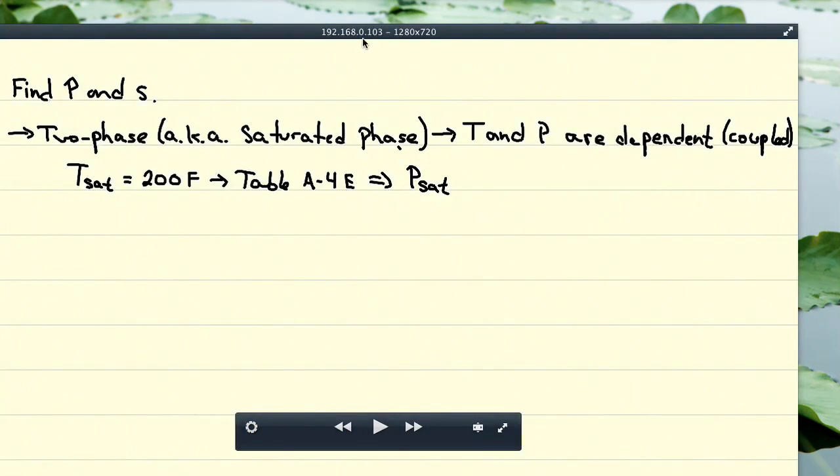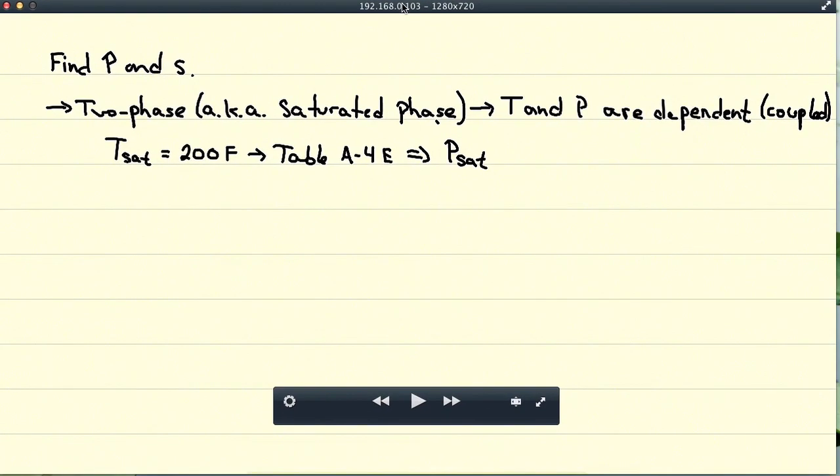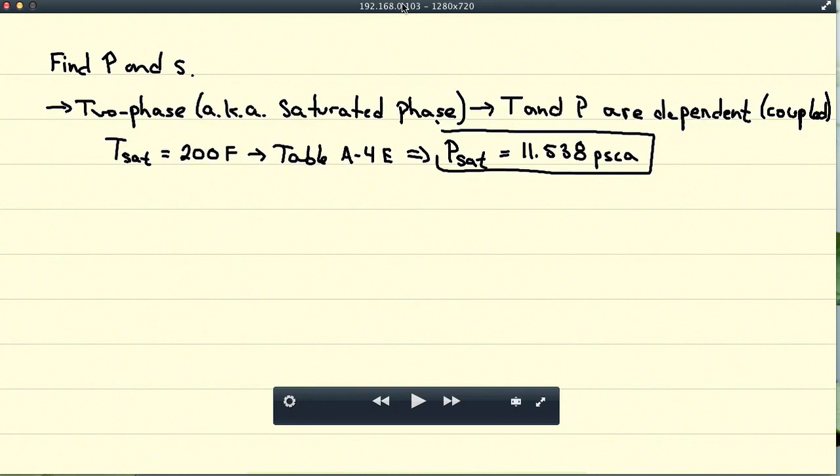Our saturation pressure is equal to 11.538 psia. Okay, so that one's done. Easy peasy.